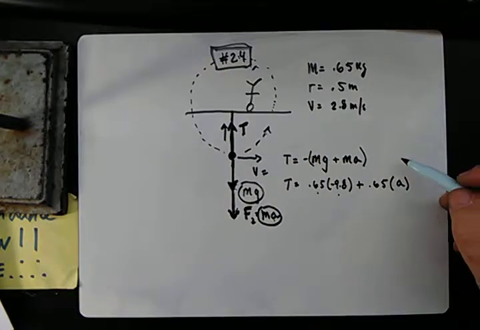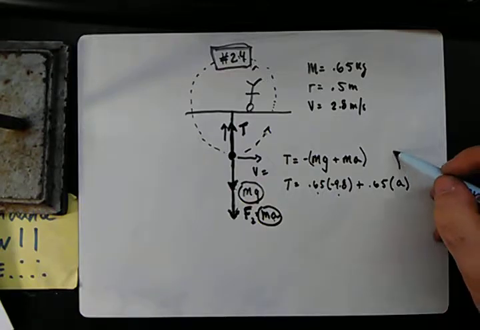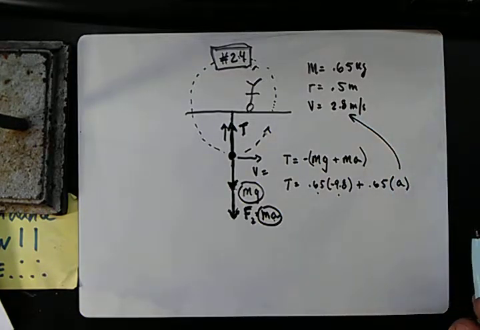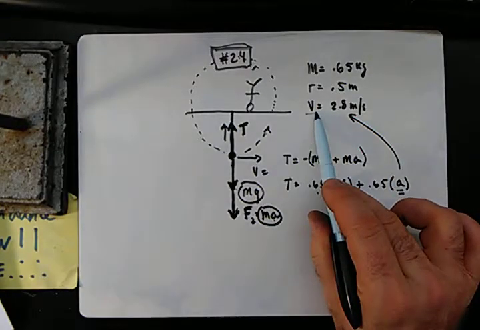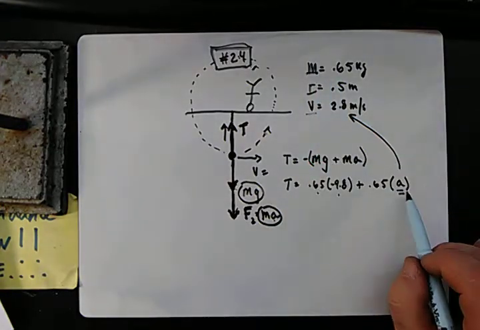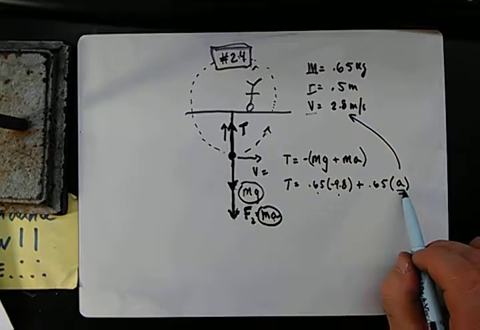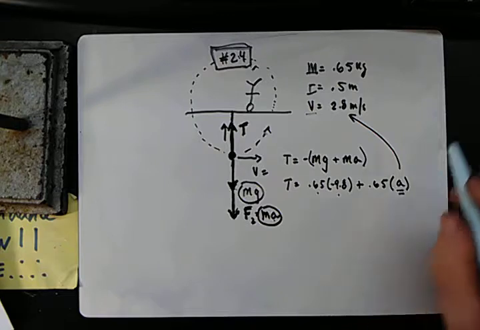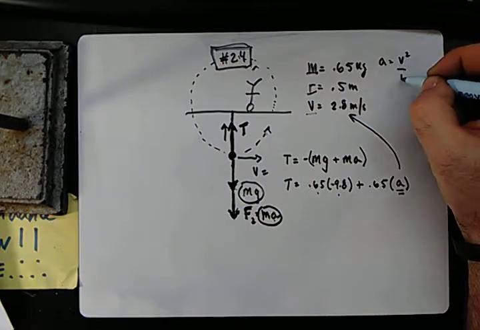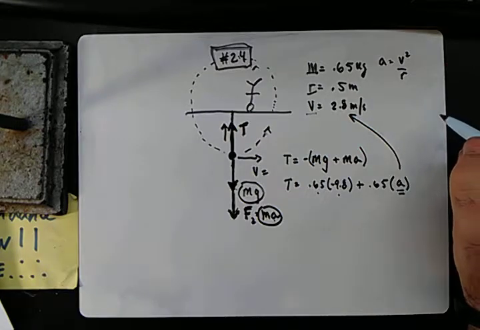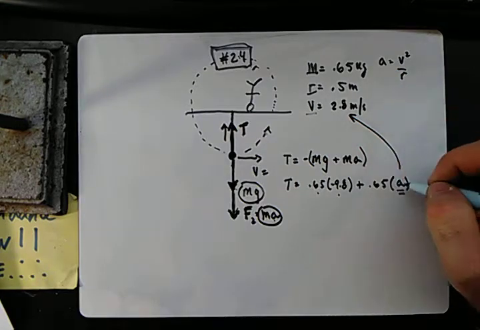Okay, now we are not given an acceleration yet. We're only given a velocity, a radius, and a mass. So it looks like, guys, the next step we have to do is find that acceleration. Okay, so if a is v squared over r, we can calculate that acceleration and plug it in here.